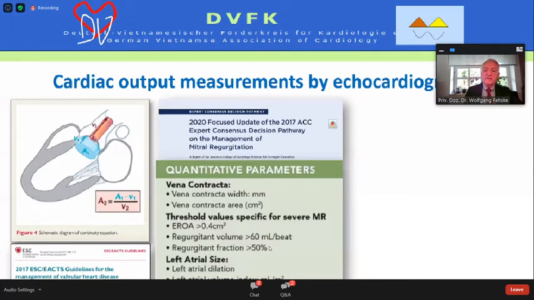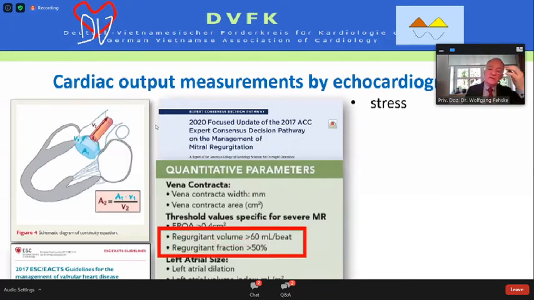And next is that we have to think about stress echocardiography, specifically for all kinds of valvular heart disease, but also for myocardial diseases. We should look for the physiological reaction on stress, on heart failure, and specifically on the perioperative status of the patient, the ICU.